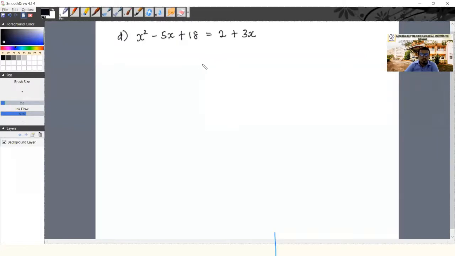Right. First, what we need to do? First, we need to rearrange this given equation into the standard form of a quadratic equation.